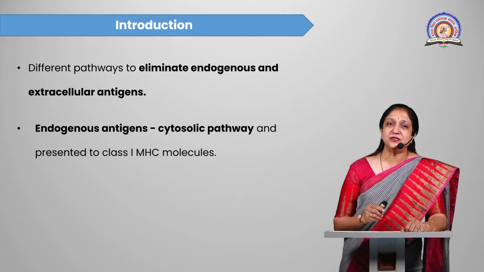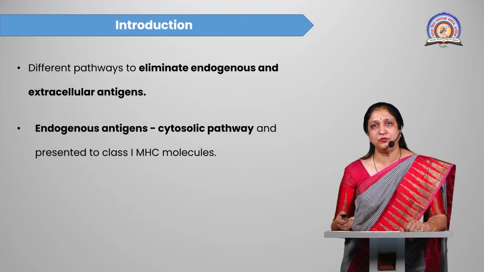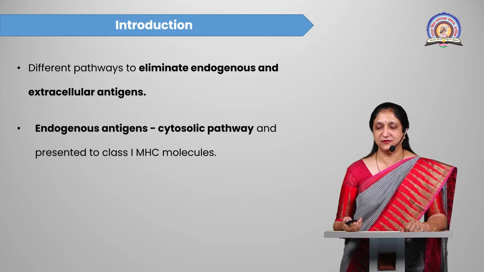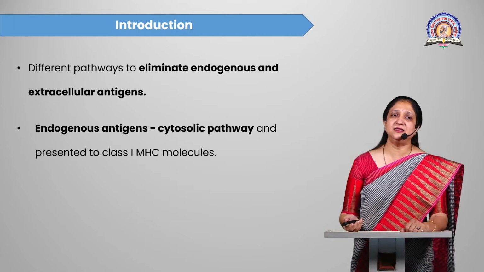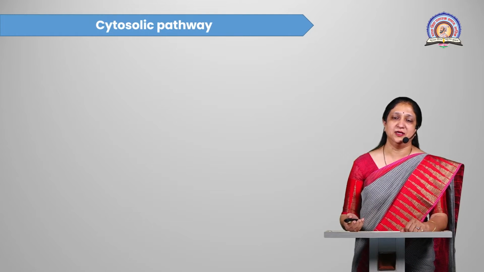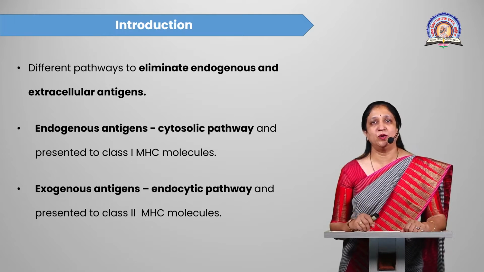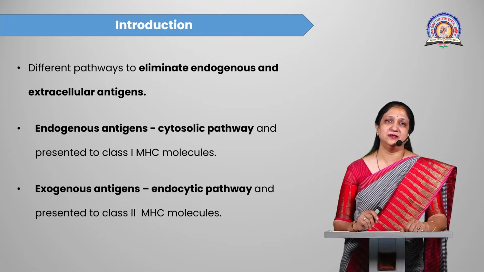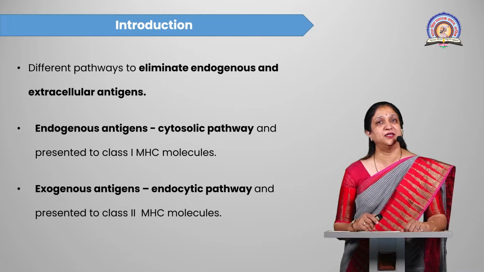After processing, the antigen is bound with the class 1 MHC molecule and it is then expressed on the surface of the target cells. While if the antigen is an extracellular antigen, it is processed via the endocytic pathway and then presented with the class 2 MHC molecule and expressed on the surface of the antigen presenting cells.